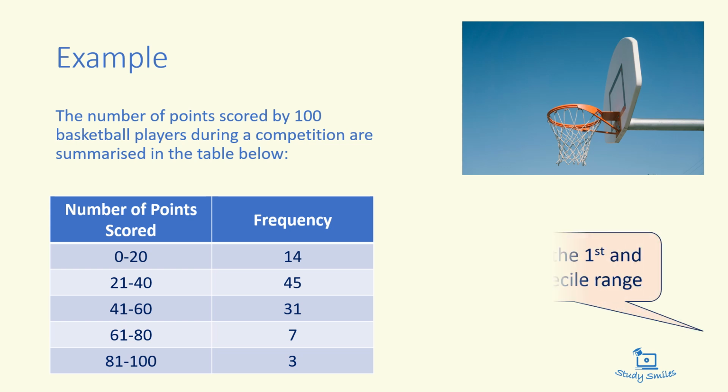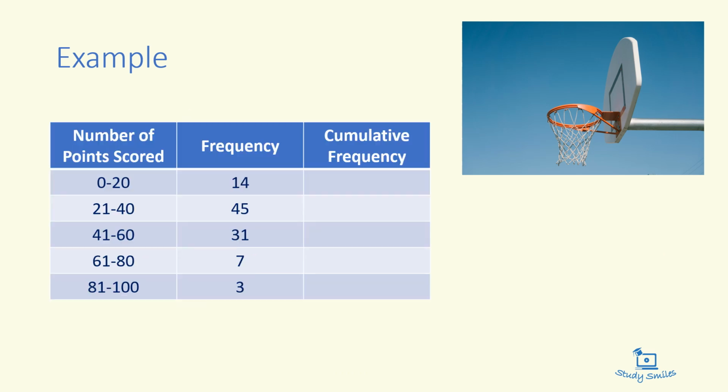We are asked to estimate the 1st to 8th interdecile range. The first thing we would do is work out the cumulative frequencies for each group. The simplest way is to add an extra column. Pause the video while you calculate the cumulative frequencies.